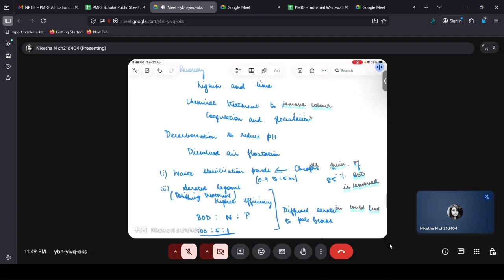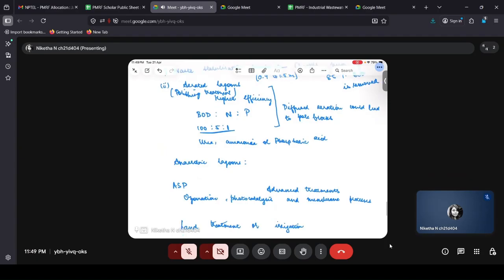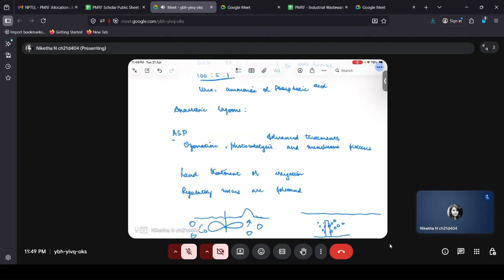Similar to aerated lagoons, when we talk about ASP, or activated sludge process, here also mechanical aeration works better than diffused aeration, again for the same reason, that is pore blockage.